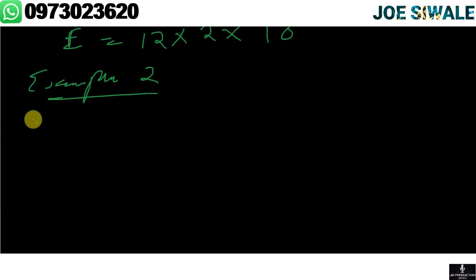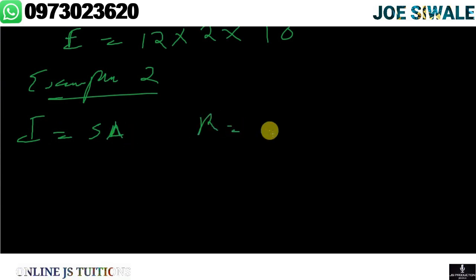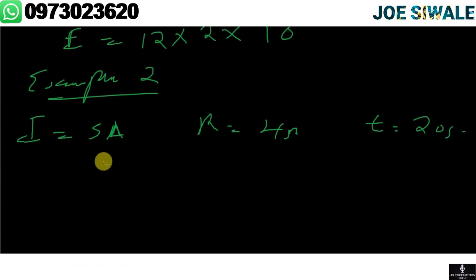So from this question, I've been given the current as 5 amps, the resistance as 4 ohms, and also the time, which is 20 seconds, and I'm supposed to calculate how much thermal energy the resistor gives off. So from this information I can use this formula.